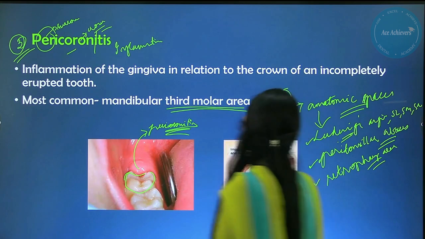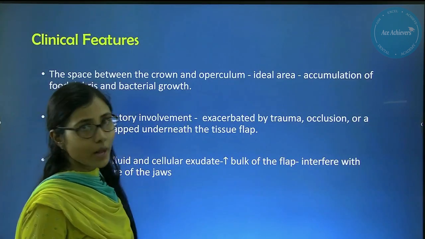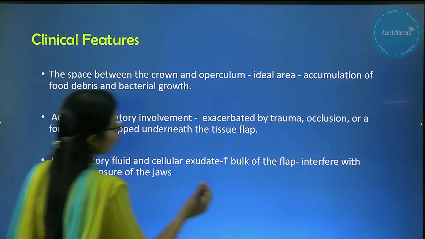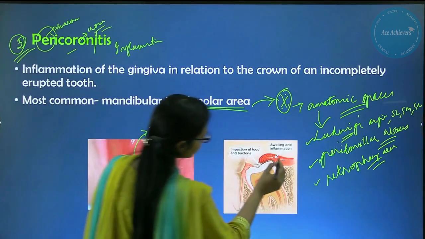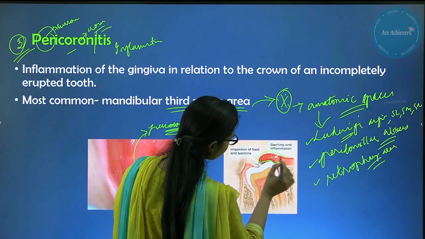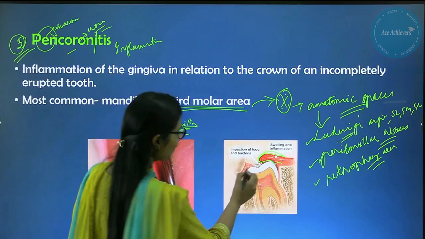Now what happens is, the space between the crown and the operculum. This is the inflamed operculum, a flap which is covering the incompletely erupted tooth.